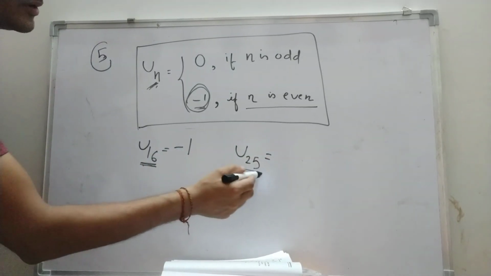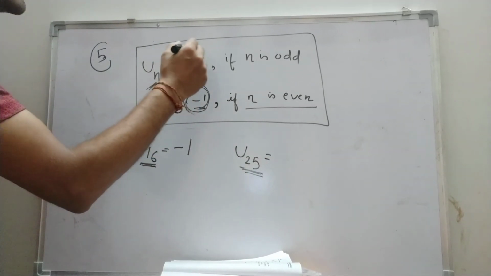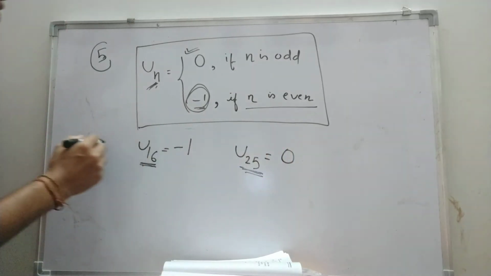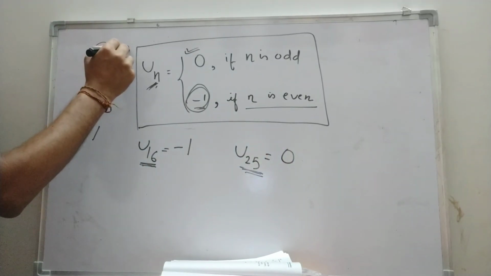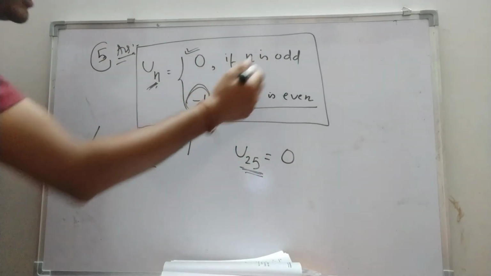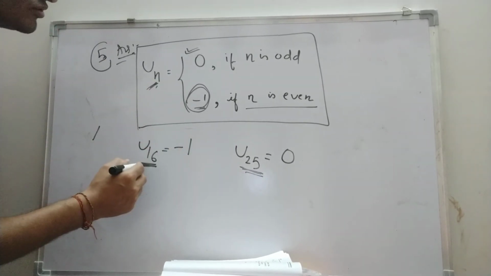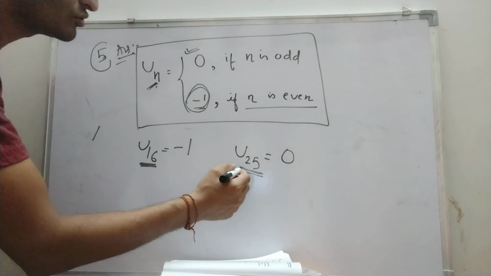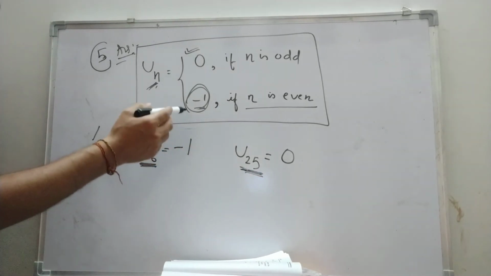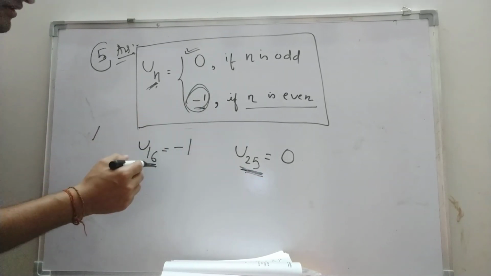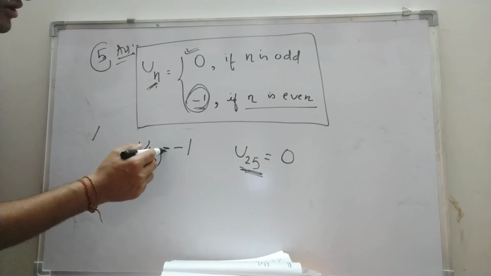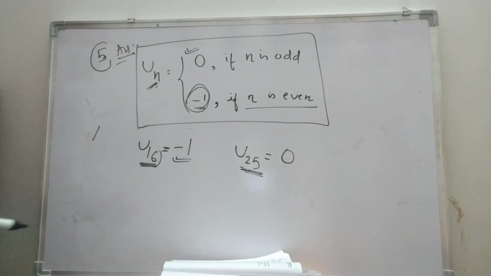The n value, 25, is odd, so our answer will be 0. So the answers are: u25 will be 0, and u16 will be equal to -1.